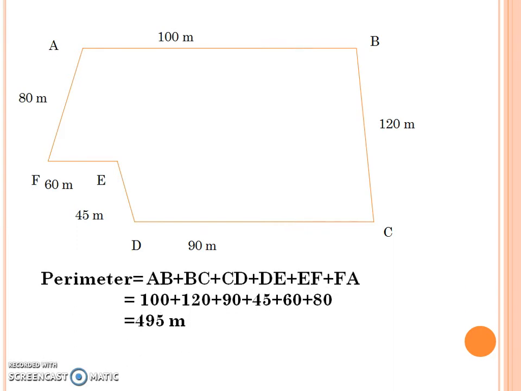To know the perimeter, I add all the sides: AB plus BC plus CD plus DE plus EF plus FA. By adding, you get 495 meter as the answer.